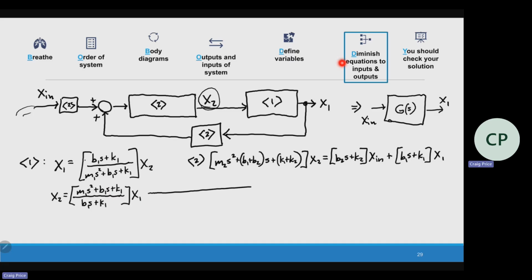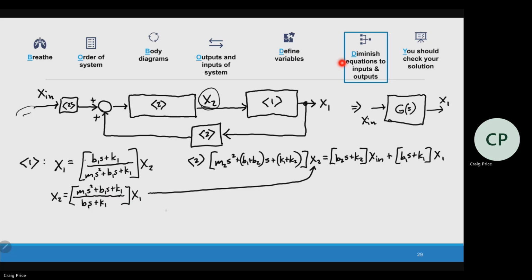We can plug this into x2. And so once I do that, I'm just going to have x1s and x1. So we're going to move the b1s plus k1 over to the other side. Then from there, we should be able to create a transfer function.